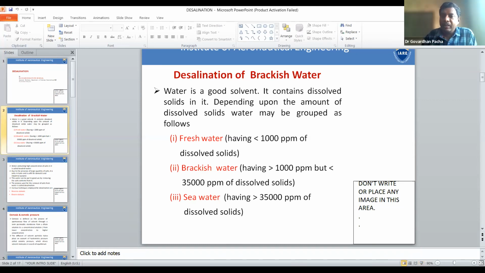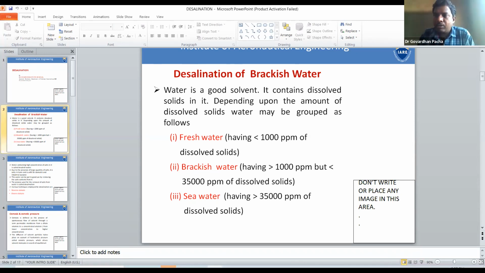Okay, Amma, tell me how many types of water based on solid content? See the PPT, Amma, how many types are there? 3 types. What are they?